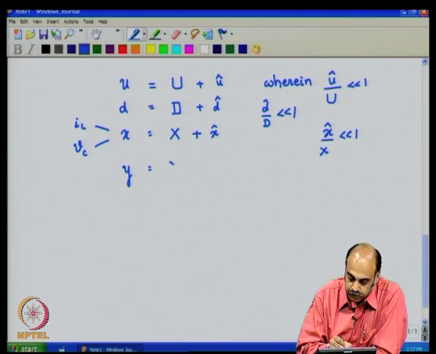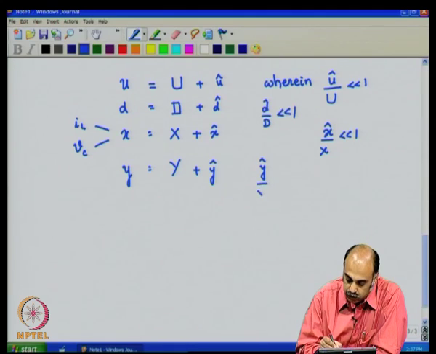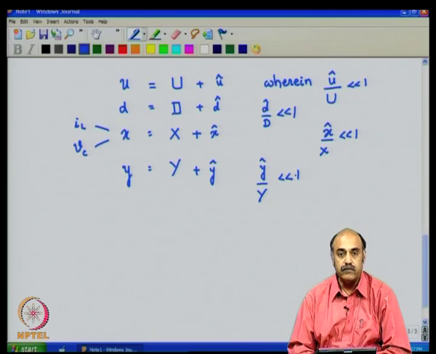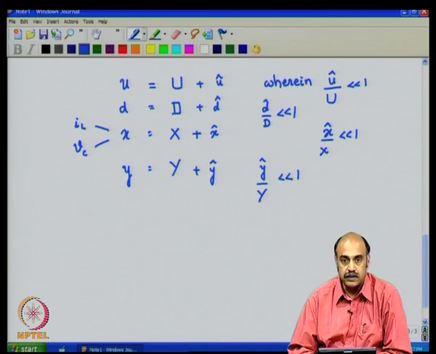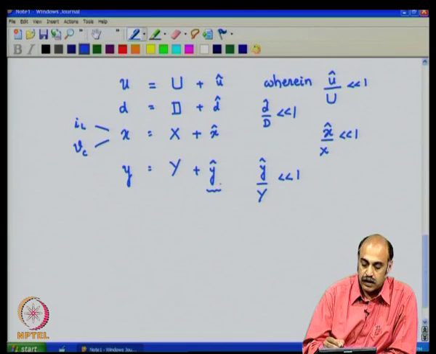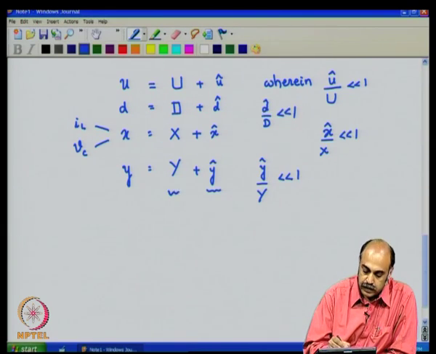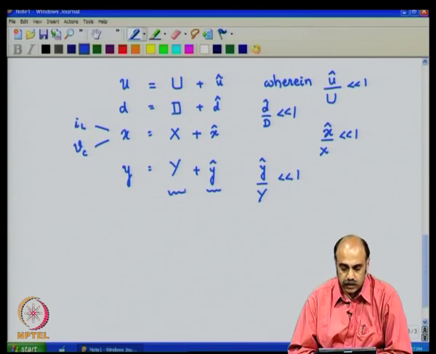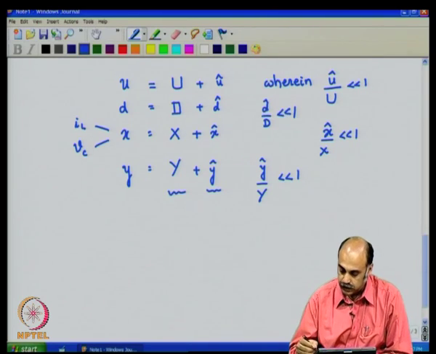And the output has a steady state part plus the small signal part, wherein y hat by Y is much less than 1. So, likewise, every signal has these two parts. This is very small compared to the steady state part. So, that is the criteria.